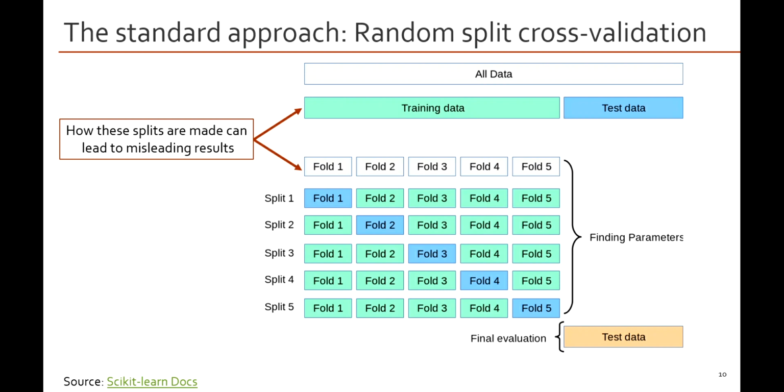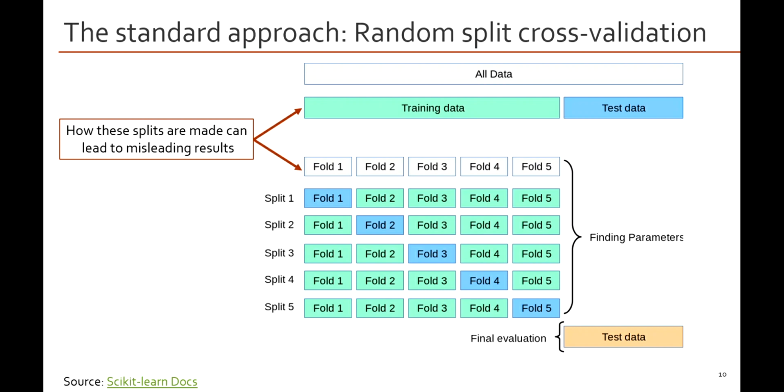And really the knob that you have to turn in building a cross-validation technique is how I take my data and split it, say, into training or test sets, or take my training data and split it into different folds that I'll use for cross-validation when I'm determining the parameters of a model.